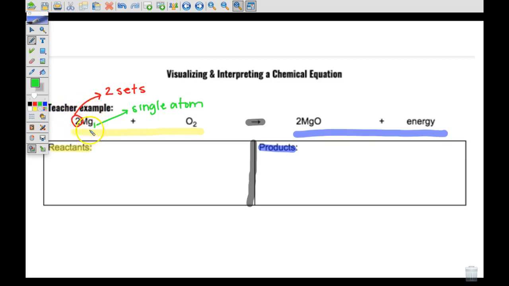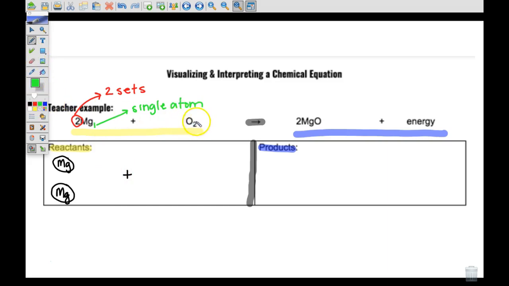This, albeit very brief, says I have 2 sets of magnesium atoms. How I would draw that is I would write the symbol and draw a circle on it. That's what drawing an atom is like. I'm going to draw it one more time because I have 2 sets. Now that I have my 2 sets of single atoms of magnesium, I can pull this plus sign down, which means and.